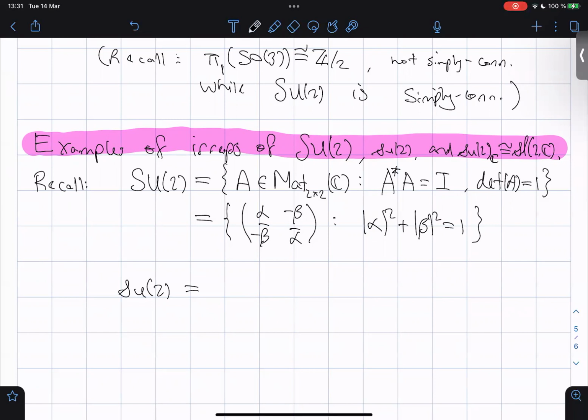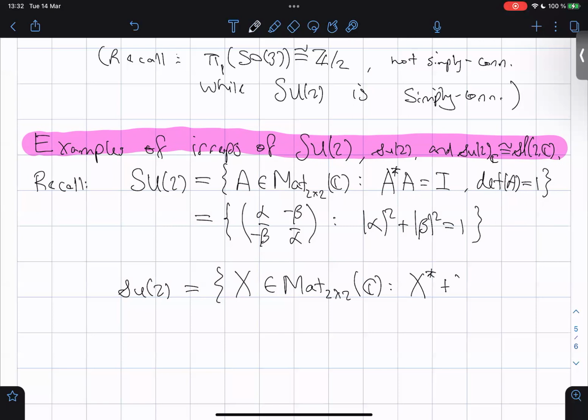At the Lie algebra level, we've also seen that little su2 consists of 2 by 2 matrices. When you take the Lie algebra, I take a curve A of t, so A of t star times A of t is equal to I, and I want to differentiate that curve at the identity. Because I have a product here, I'm going to have to use the product rule, and then I evaluate everything at the identity.